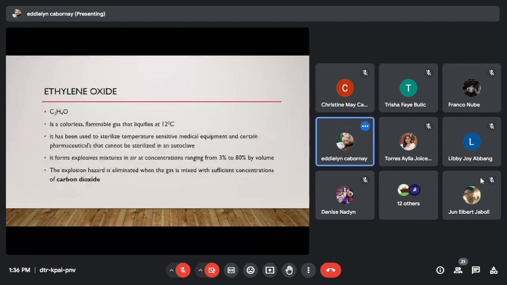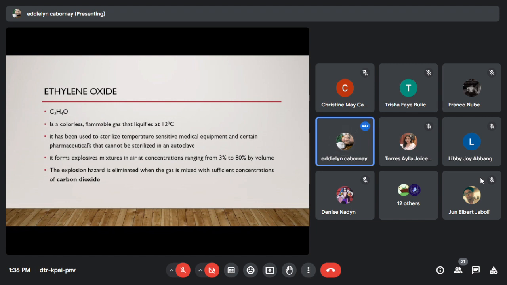Okay. So we have ethylene oxide. Take note of the chemical formula. It is a colorless flammable gas that liquefies at 12 degrees Celsius. It has been used to sterilize temperature-sensitive medical equipment and certain pharmaceuticals that cannot be sterilized in the autoclave.